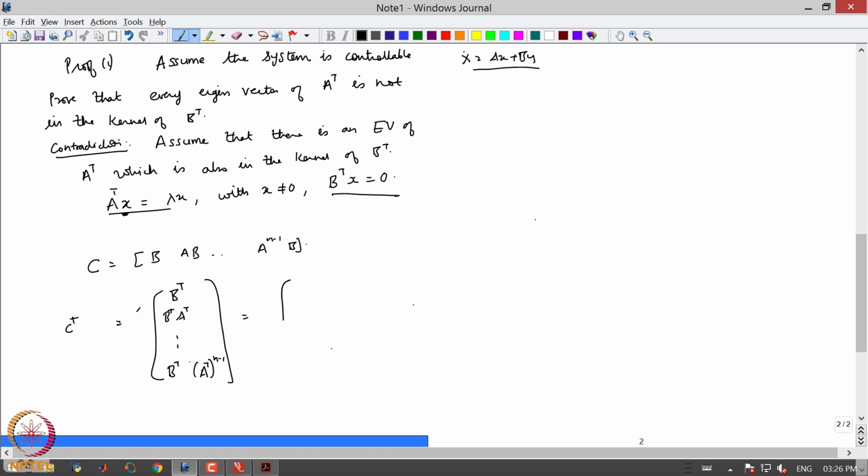Okay. Now, I use this expression A transpose x is lambda x. First I just multiply here by x, and the x will show up here.